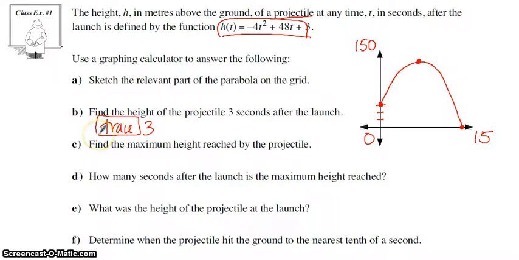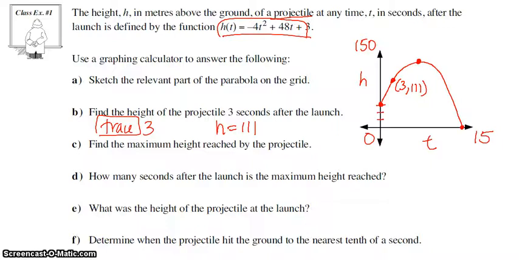Okay, so hit the trace button and then put 3. And then you find out the height is 111. Your graphic calculator will show a point somewhere there, showing (3, 111). At 3 seconds, remember the x-axis is time, the height of the projectile is 111.